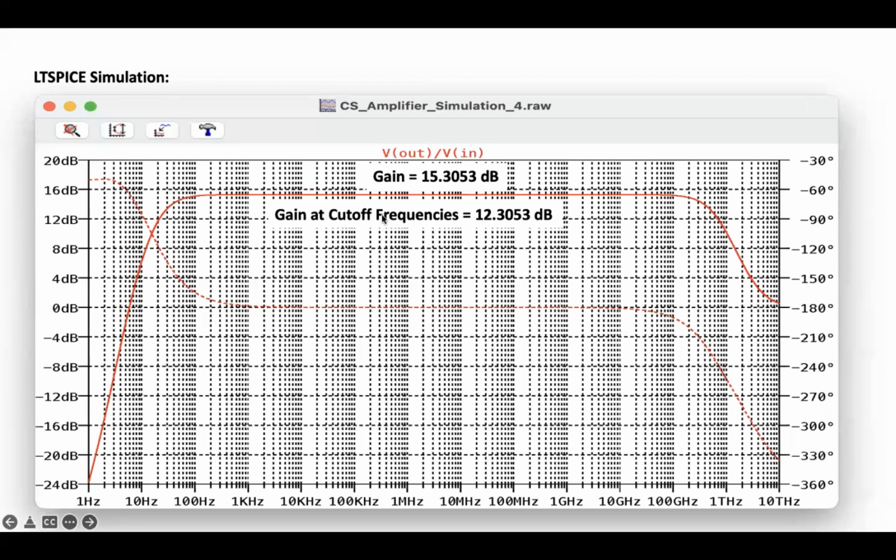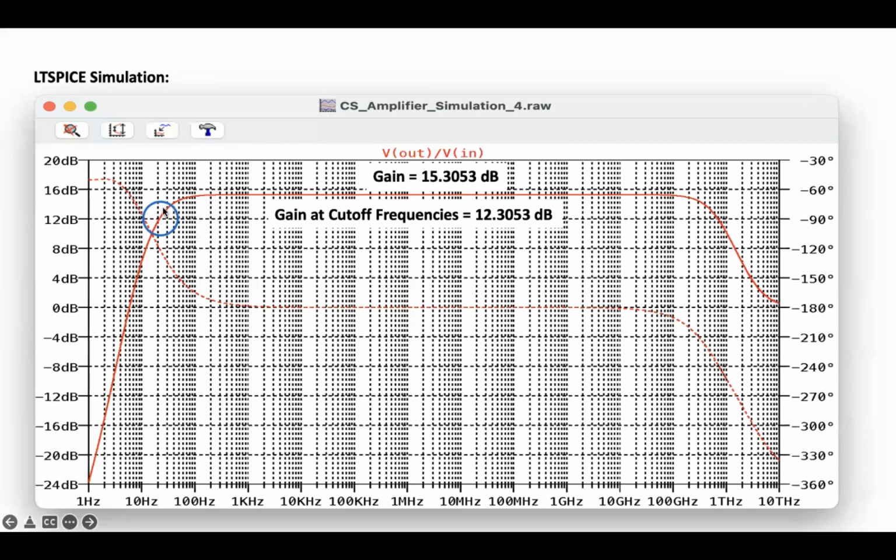When you say cut-off frequency, that is the frequency wherein the gain becomes minus 3 dB or decreased by 3 decibels. So if the maximum gain is 15.3, at the cut-off frequency, the gain is 12.3053 dB. So somewhere here, no? So that in this portion, yung 12.3, that will give us the cut-off frequency.